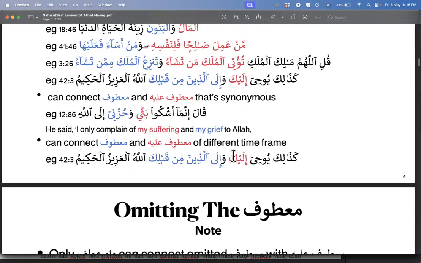You also can have the maktuf alaih and maktuf that are synonymous. So here we have innama ashku. What kind of fi'il do we have here? Ashku. Fi'il madi?